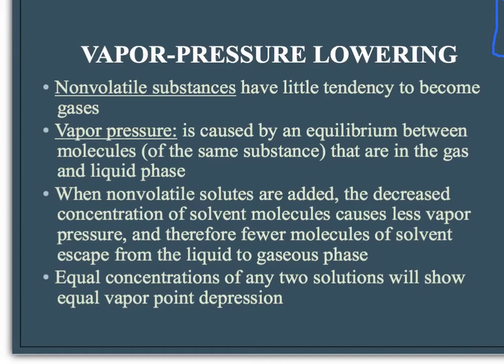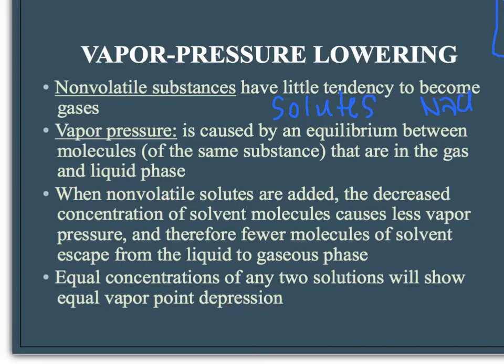Non-volatile substances are those which are not likely or have very little tendency to become a gas. So when we talk about the colligative properties in solutions as relate to vapor pressure, we're primarily dealing with non-volatile substances as our solutes. So we're adding things like salt, for example, or sugar. Those are substances that do not themselves become gases very easily.